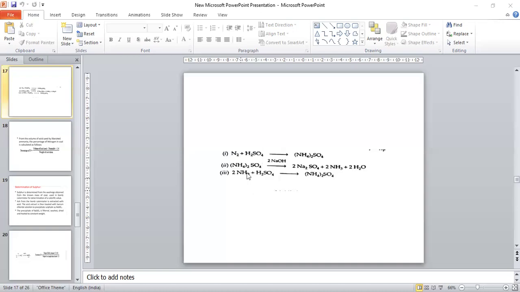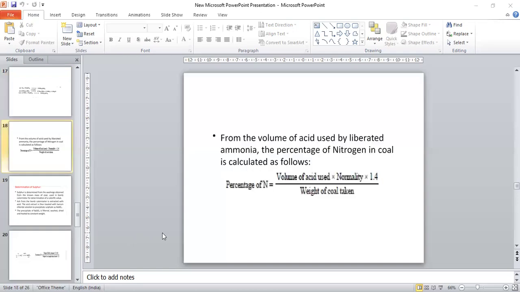Finally the ammonia is treated with sulfuric acid again, generating ammonium sulfate. To determine this ammonia from the volume of acid used by the liberated ammonia, the percentage of nitrogen in coal is calculated.